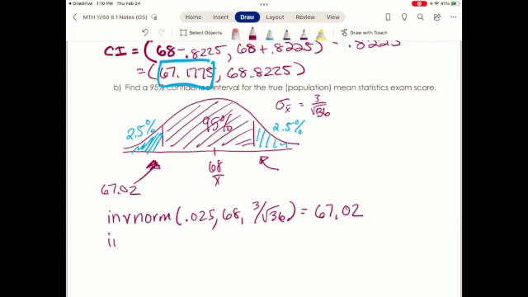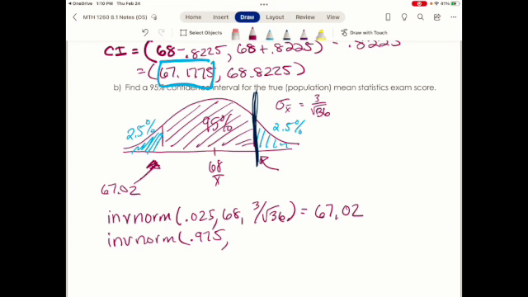Okay, now we're going to do the same thing on the other side. But I have to change my percentile because now I'm looking at this one here. So I have to take 95% and add it to the 2.5% because that's everything to the left. So my percentile now is going to be 97.5.